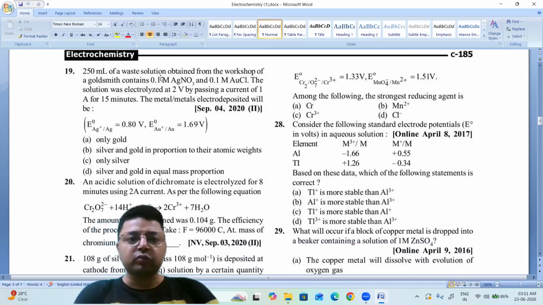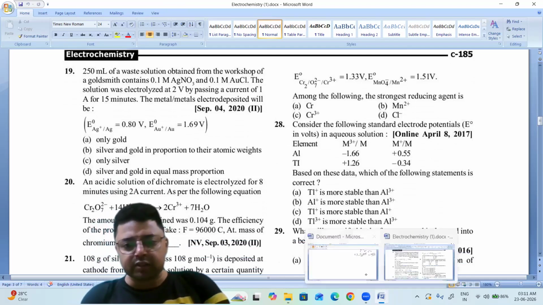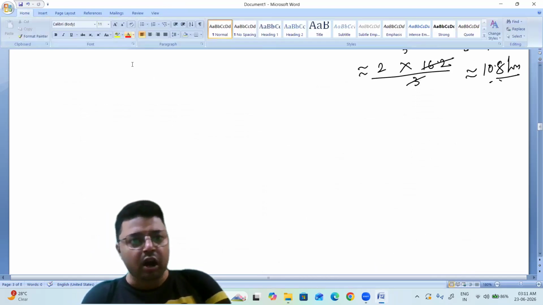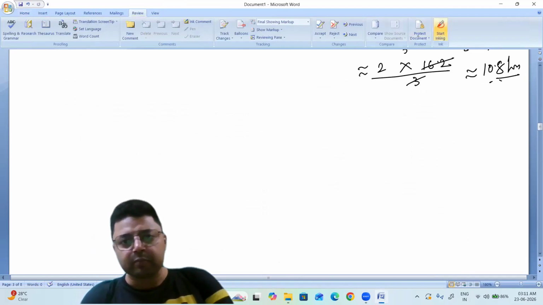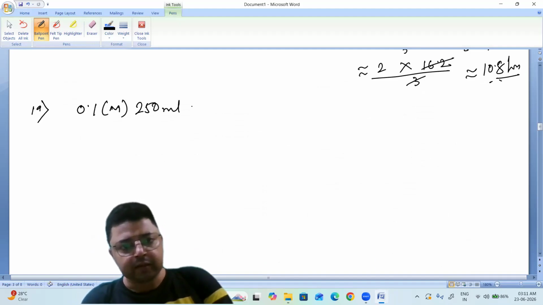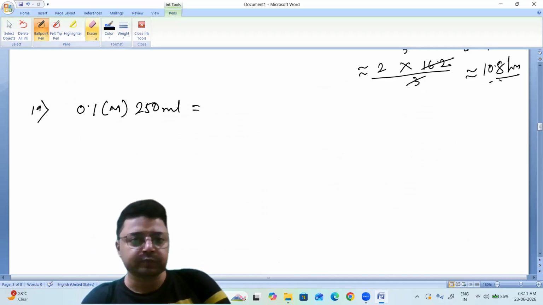It is 250 ml of waste solution. So how much amount of AgNO3 is there? How much amount of AuCl is there? The question has not asked to do all these things, but we can do it. 0.1 molar, 250 ml. This means how much moles?